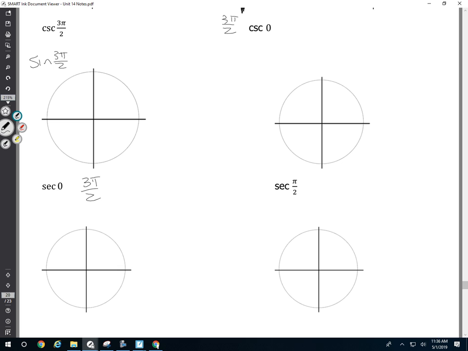Pi over 2s are always 90 degrees. Down here. What's the vertical distance to get down there at the bottom, considering we're on a unit circle? -1. I go down 1. I do not go to the left or to the right at all. So, this is -1. If I take that and flip it, I still get -1.